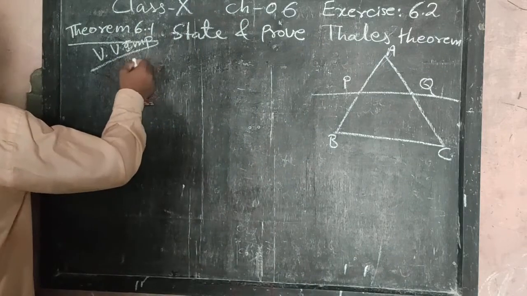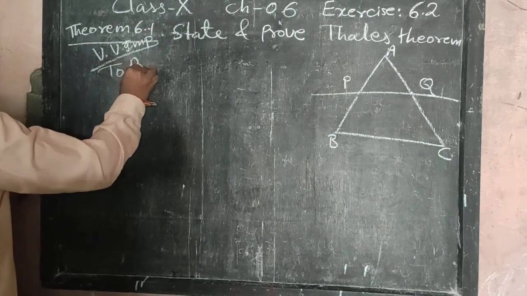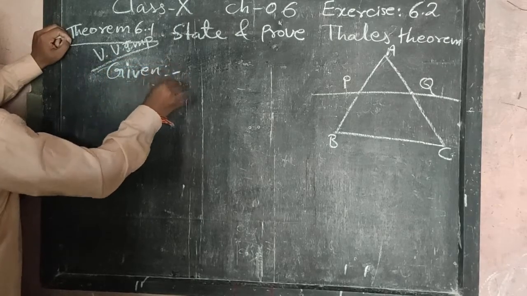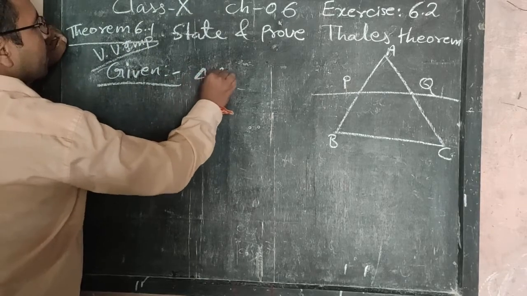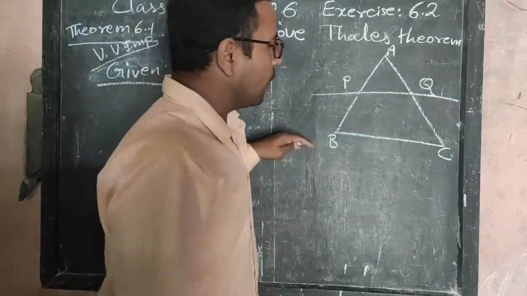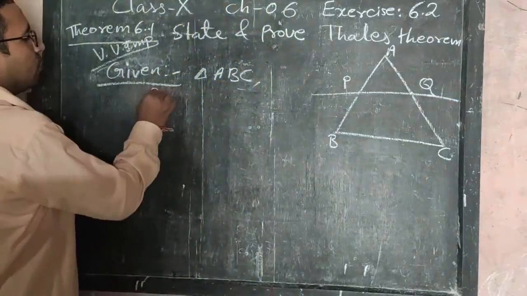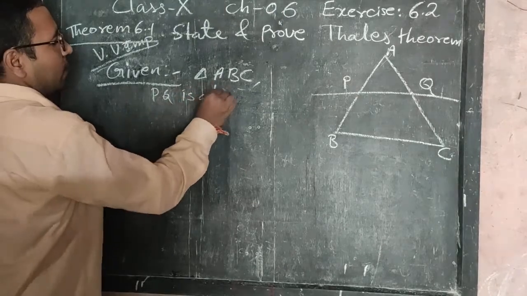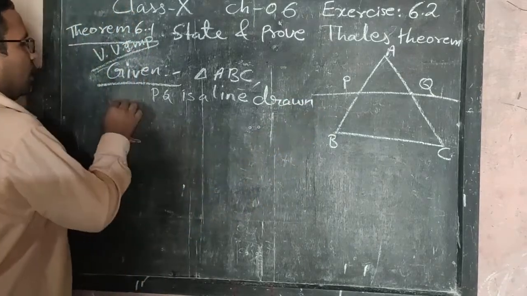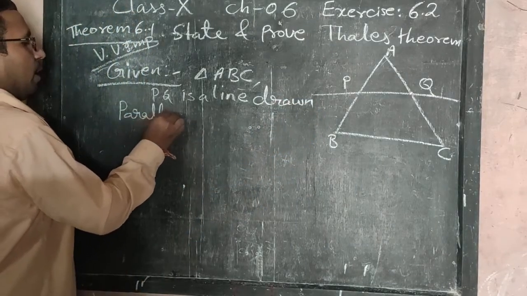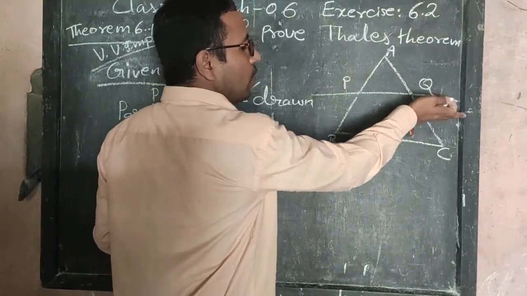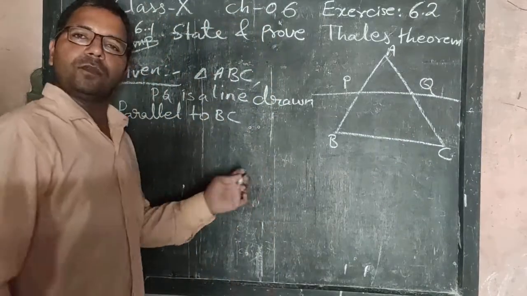Now we will come to the proof. First we will write down the given. What is given in the statement? Triangle ABC is given, and PQ is a line drawn parallel to BC, one side of the triangle.